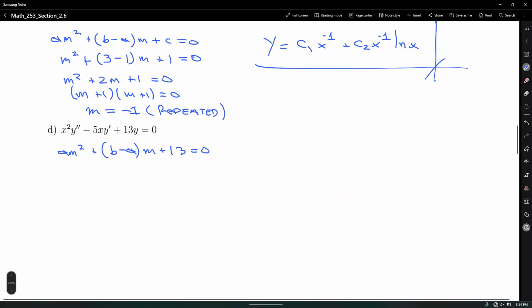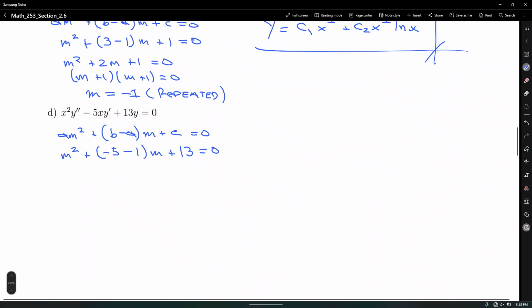And what do we do? Okay, so a, which is 1, this is simply m squared plus what's b? Be careful. That is negative 5 minus a, which is 1, m plus, oh, I already wrote the 13 here. Should have written c. Okay, 13. Kind of spoil it, right? And then let that be equal to 0.